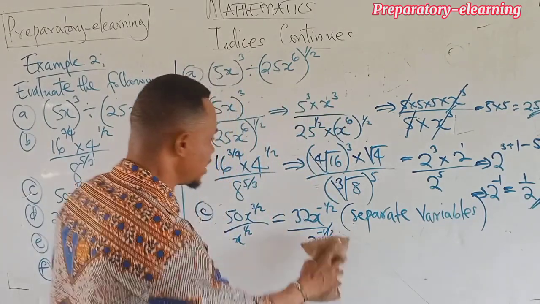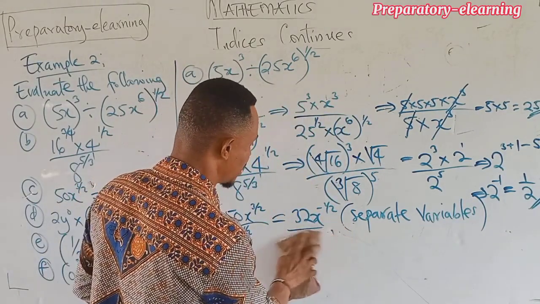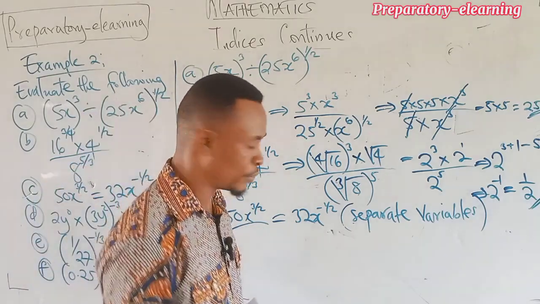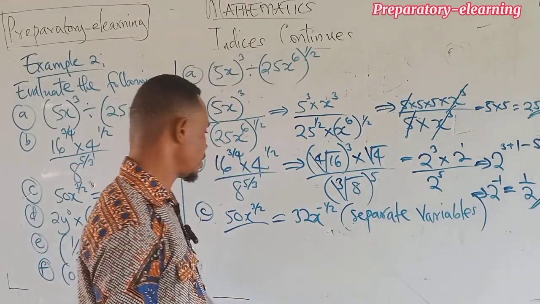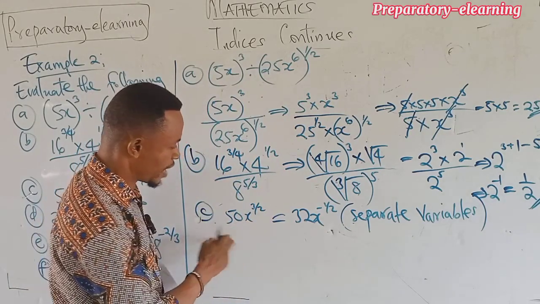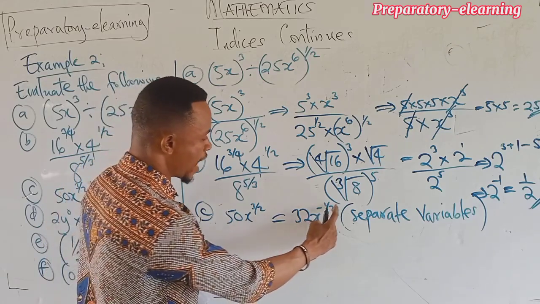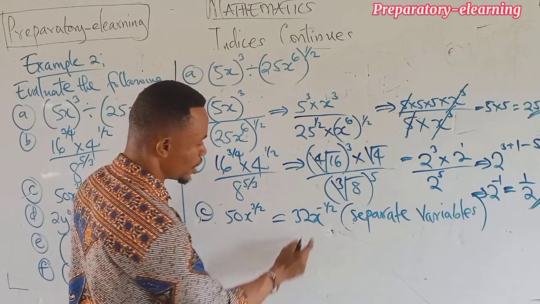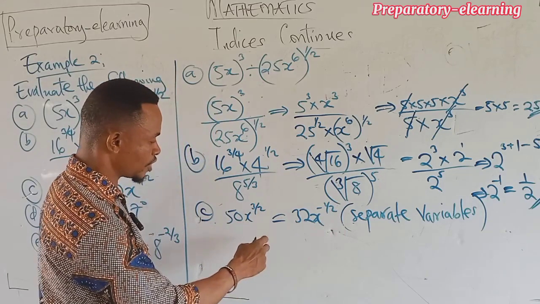So to apply that separate variable method or law, which is the simple approach in solving this, we divide both sides by this, x will come under here, and then this 50 will go under there. So we now have, this is going to look like this.